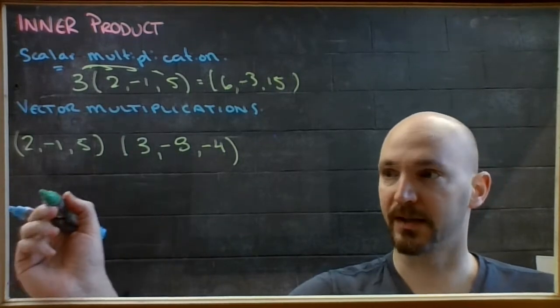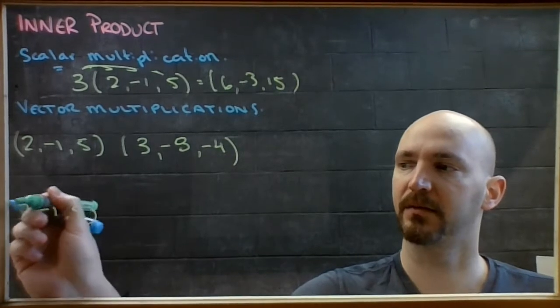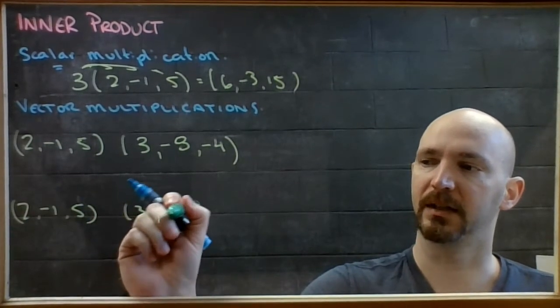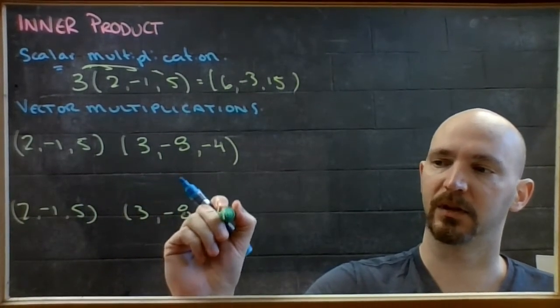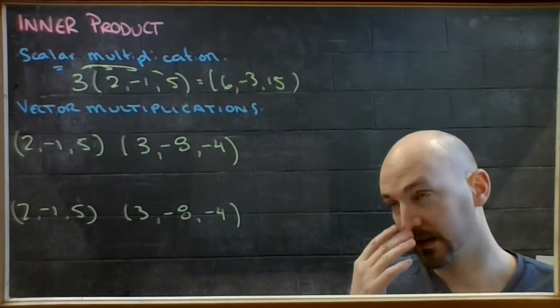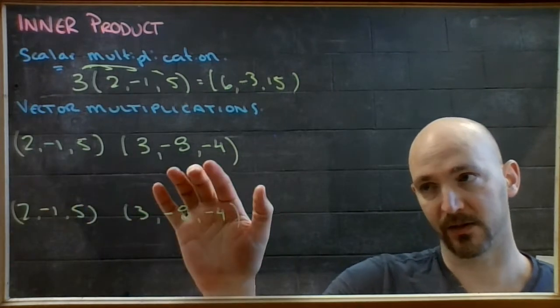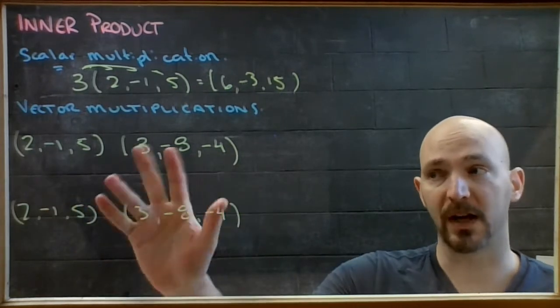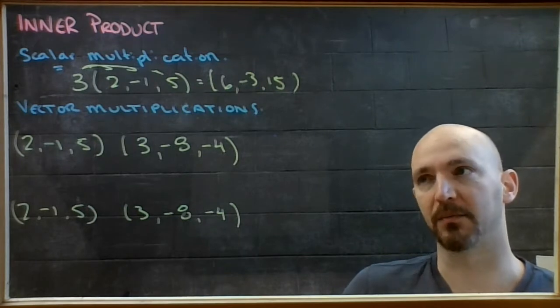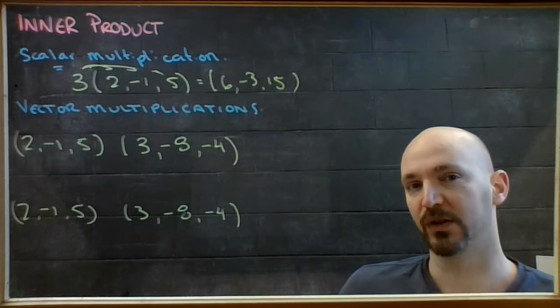I'm going to write it twice just because there's a point I want to make about it. So this is a bit tricky. How are you going to multiply this vector by this vector when you have an assortment of numbers all separated by commas? There are a number of different ways that you can do it.